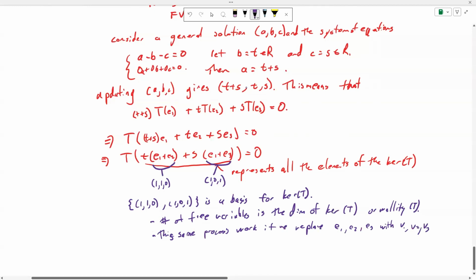Meaning that instead of using standard basis vectors, I can use any set of basis vectors, solve, plug in here, expand these pieces inside, rearrange, and then compute what v1 plus v2 and v1 plus v3 would be. Whatever those outputs are give us the basis for the kernel.